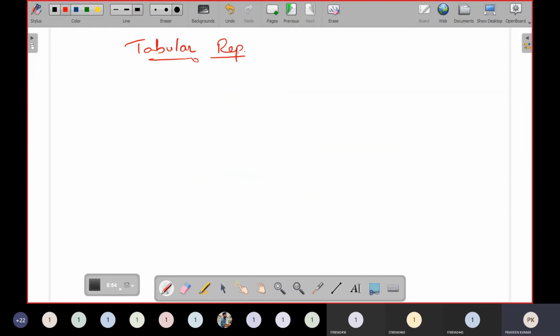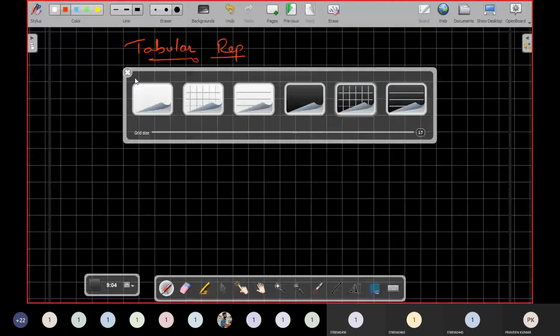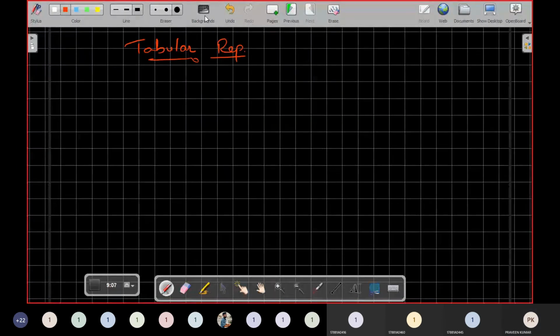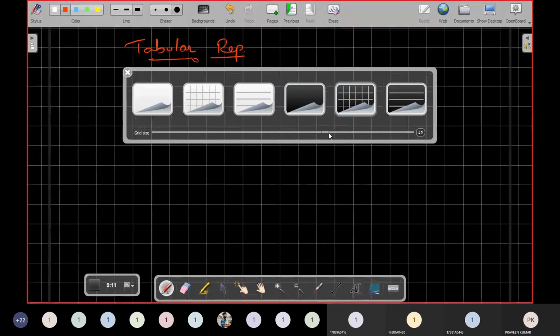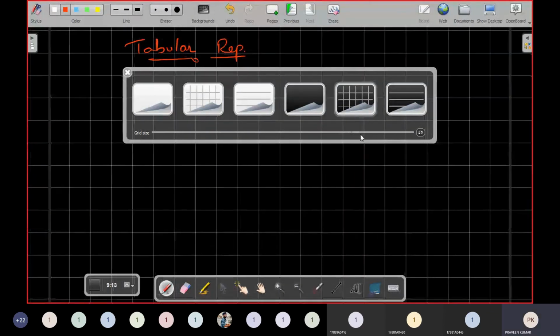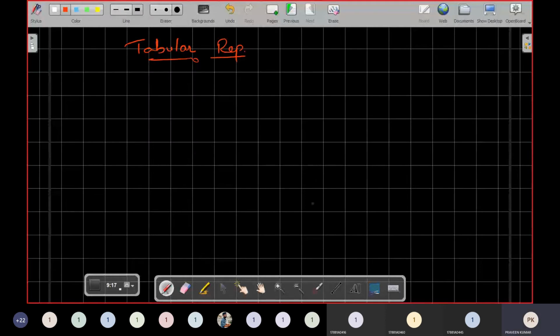This is simply where we represent the time and amplitudes in a tabular form. Let us see how we represent it. Just make a table with 2 columns.